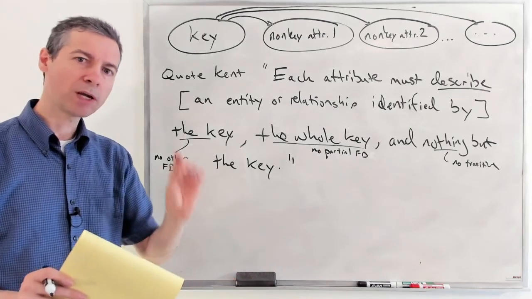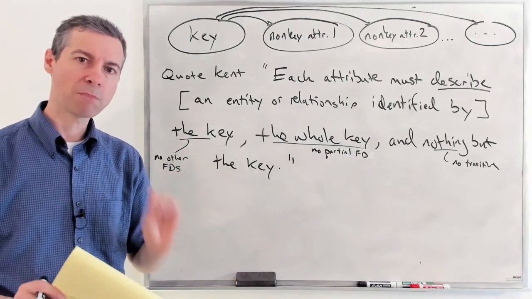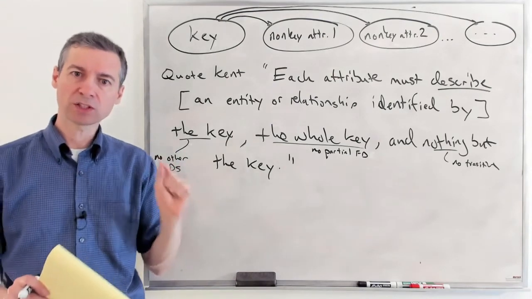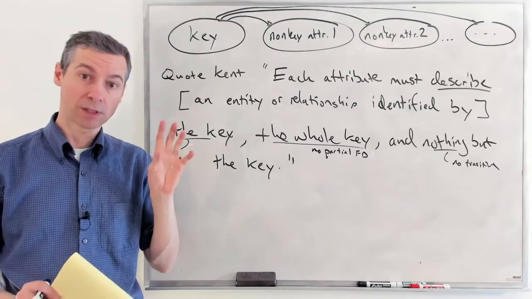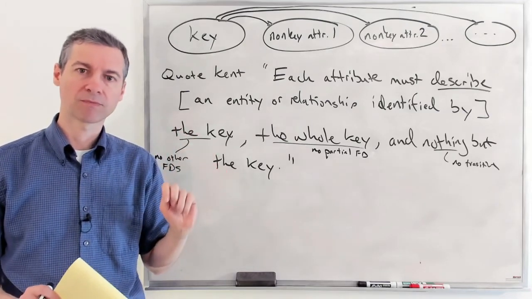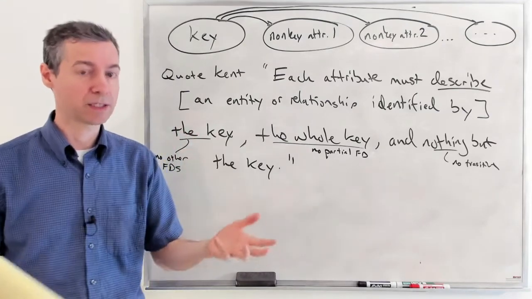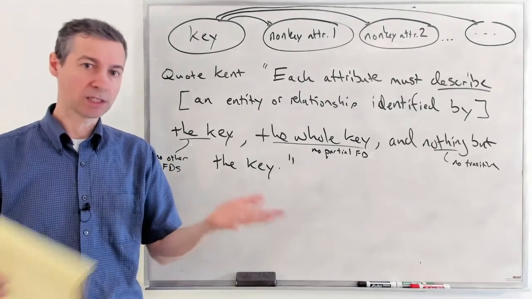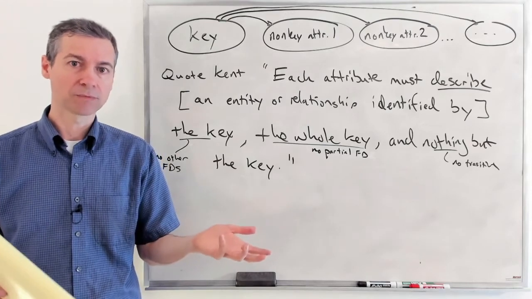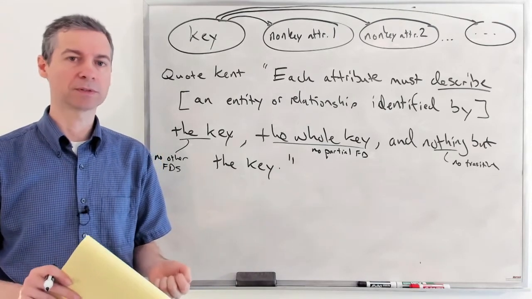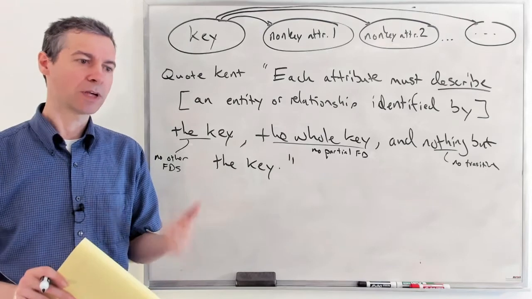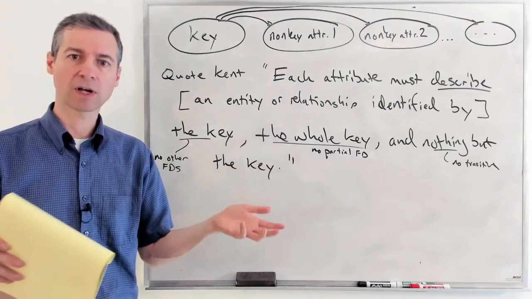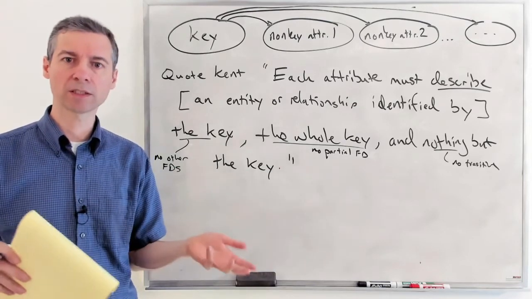And then for all of my other attributes, I'm going to make sure that the only thing that determines their value is my primary key. Okay, or a candidate key. So you could actually have more than one candidate key in a table. You could absolutely have times where I could choose this column or that column or the set of these columns, and those are all candidate keys.